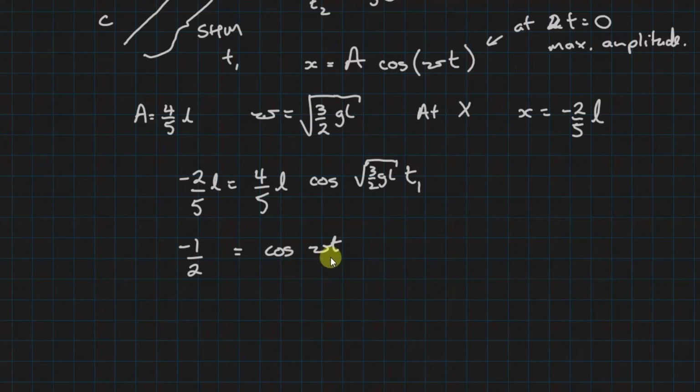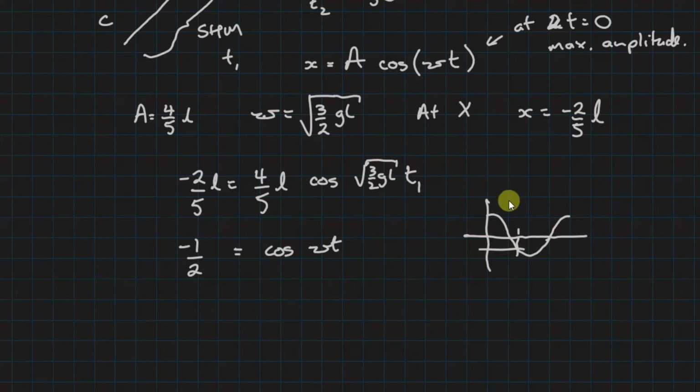In radians, when it's cos -1/2, the first time it is -1/2 is in here.